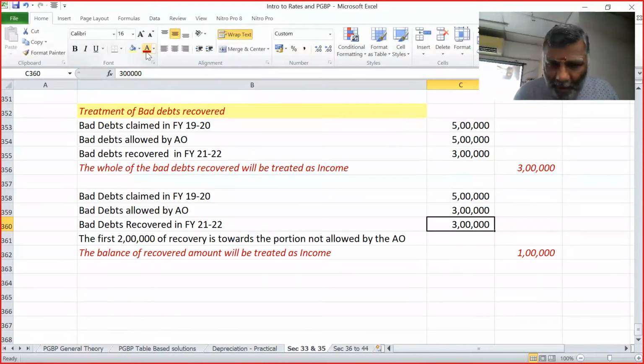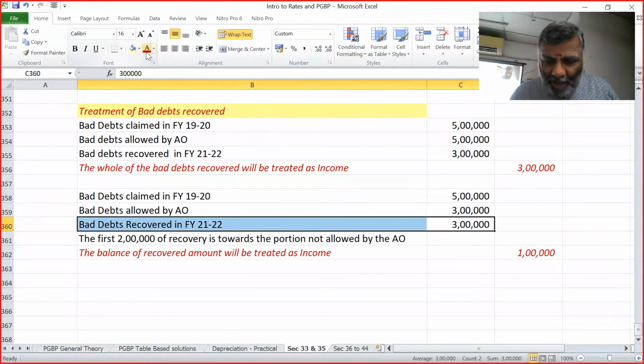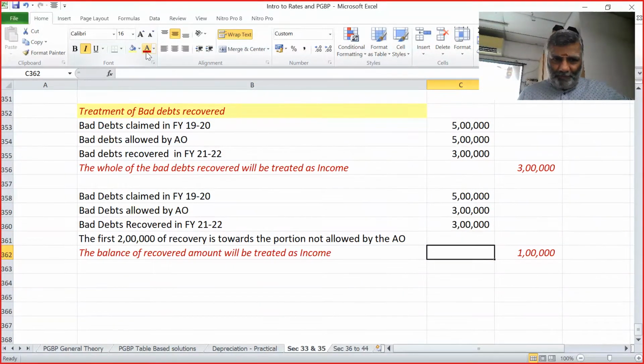So at the time of recovery, this 3 lakhs will be apportioned by the assessee to the extent which is already allowed, that is 2 lakhs, and the balance, to the extent already disallowed, that is 2 lakhs, and the balance will be treated as income, if that is your question. Yes, sir.